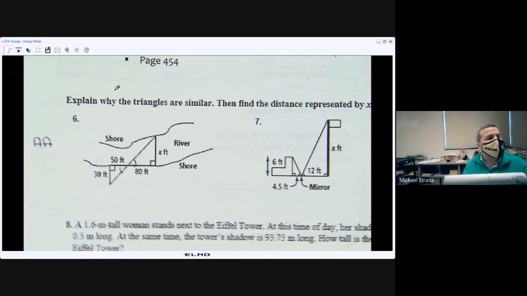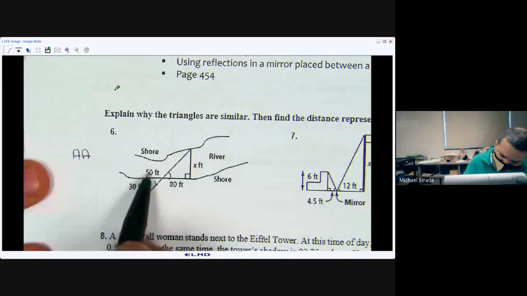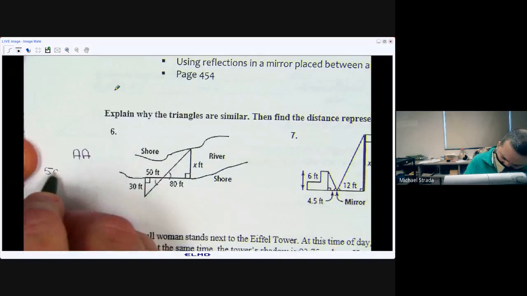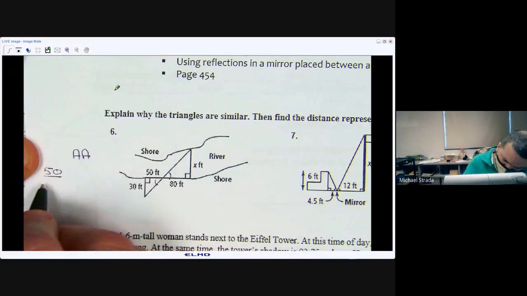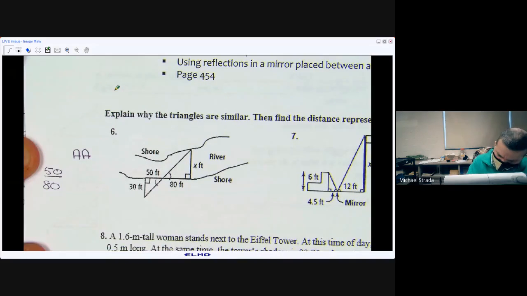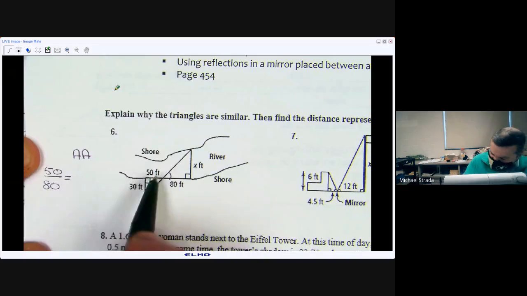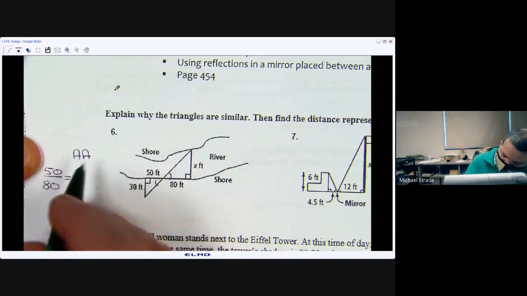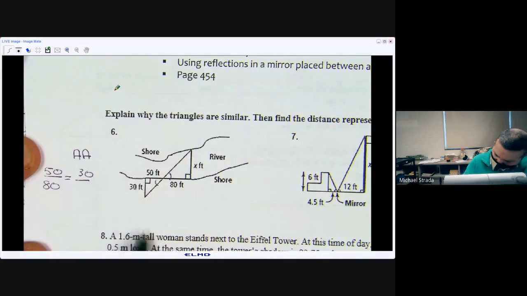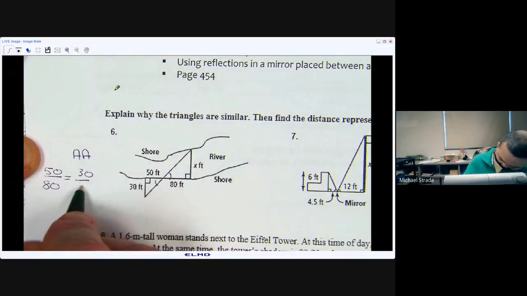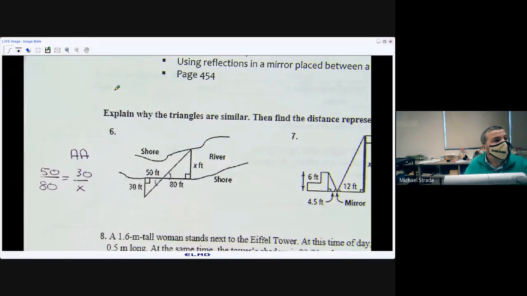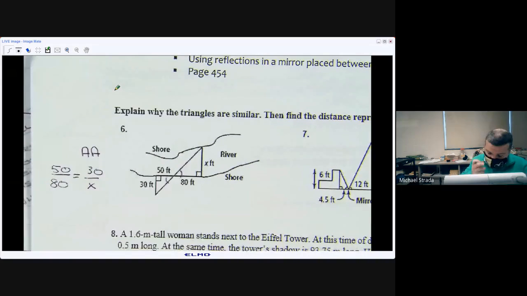Now I'm going to take the 2 distances that correspond. 50 feet is, that point is 50 feet away. That point is 80 feet away. With the 50, the corresponding perpendicular is 30. With the 80, the corresponding perpendicular is x. And then you're just going to solve for x.